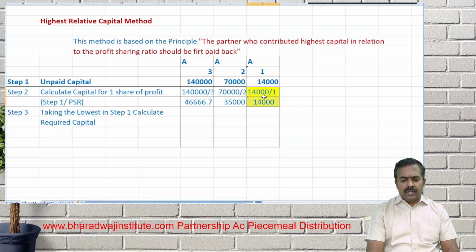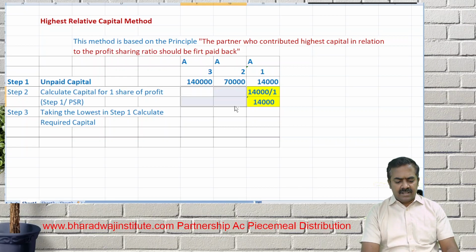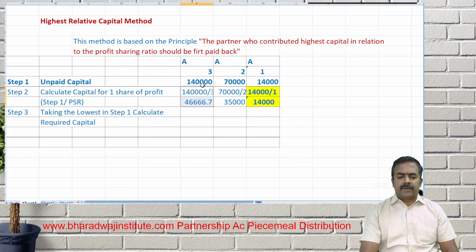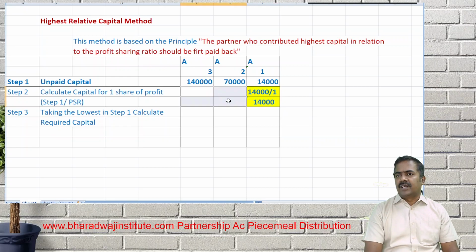So we are going to take the lowest in step 1, which means the other figures are not required. They will only confuse us, so we can eliminate them. Clear? Do rough work in the exam. Capital divided by profit sharing ratio. Do this, and we are going to take the lowest. So the other answers are not at all required, and we can remove them.